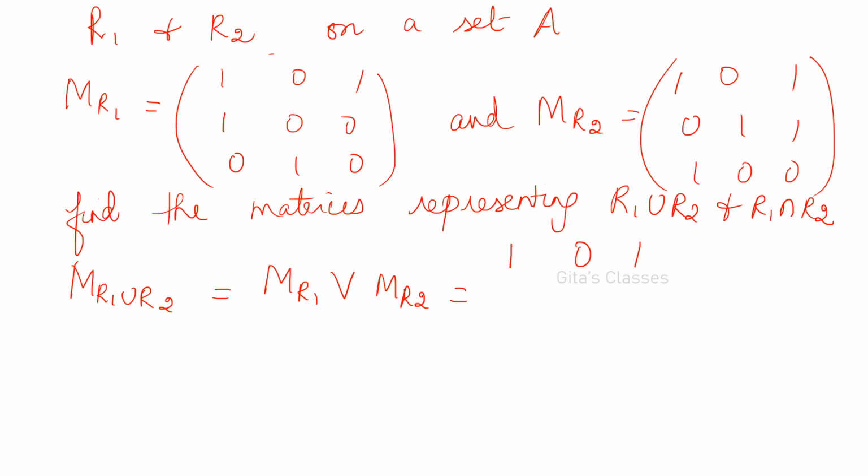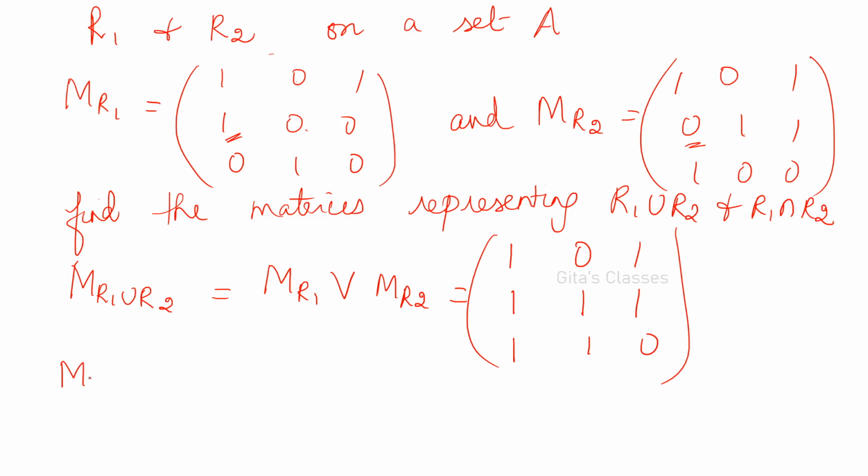True or true is true. True or false is true. Like that you have to consider. So here I have 1 and here I have 0, so 1 or 0 is 1. And the second one, here 0, here you have 1, 0 or 1 is 1. 0 or 1 is 1. Then 0 or 1, 1. 1 or 0, 1. 0 or 0, 0. So this is the matrix for R1 union R2.